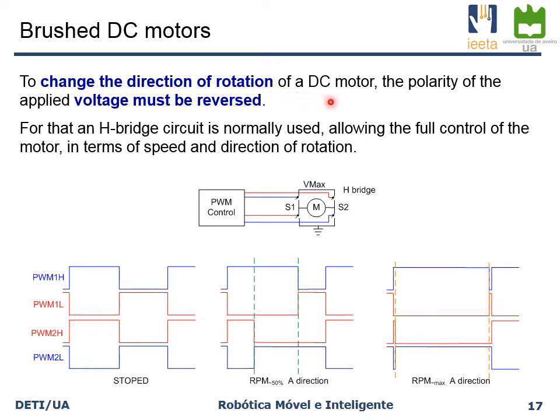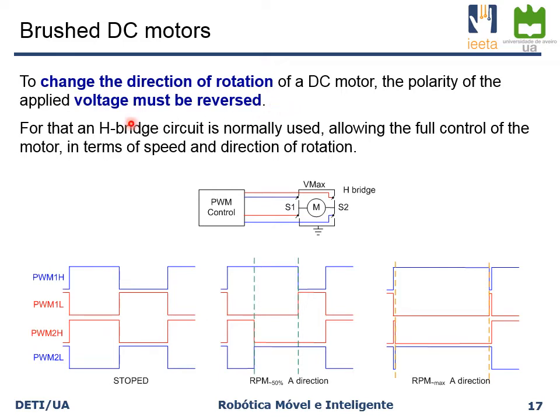And in that case, the polarity of the applied voltage must be reversed, which means that we have to find out a way to change the direction of the current in the motor so that it can rotate in one direction, clockwise or anti-clockwise.